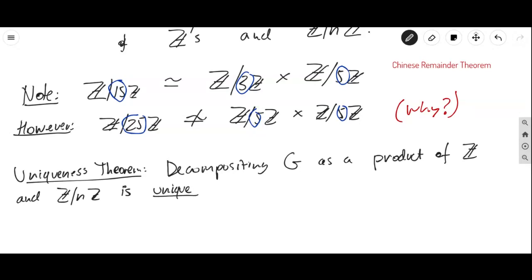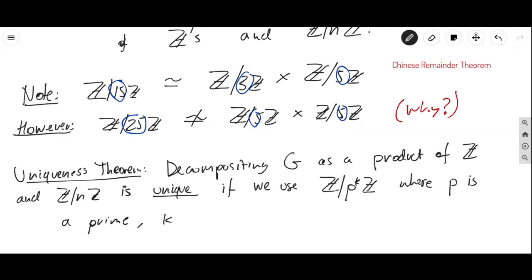There's only one way to do it. If we use Z mod p to some power kZ, where p is a prime, and k is an integer.